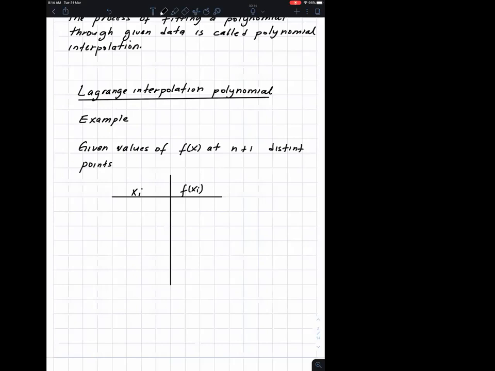Example, Lagrange interpolation polynomial. Given values of f(x) at n+1 distinct points, for example, given values x_i, i can be 1, x1, x2, x3, x4, and xn. And the corresponding f(x_i) values will be f1, f(x2), and so on.